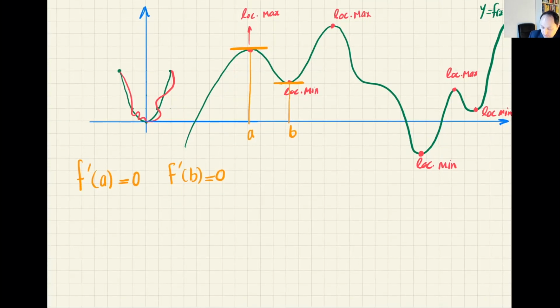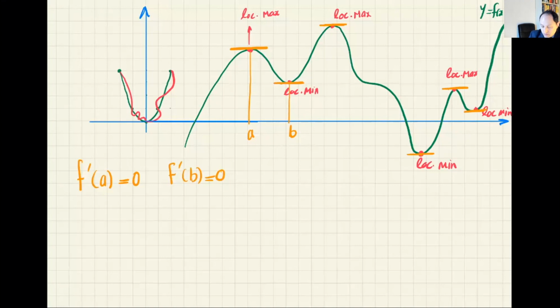And then the same thing happens here, and here, and here. Even right now, I have problems. Can I say that I take the derivative and put it equal to 0, and what I find are local maximum or minimum points? This is one possibility that comes to mind, because I see that if I want to find the local minimum and maximum points, at all of them the tangent line seems to be horizontal.